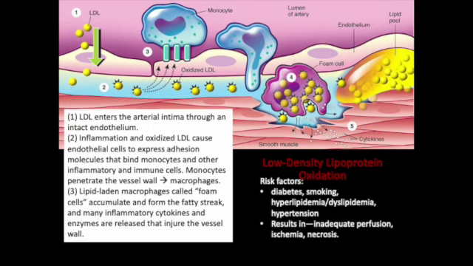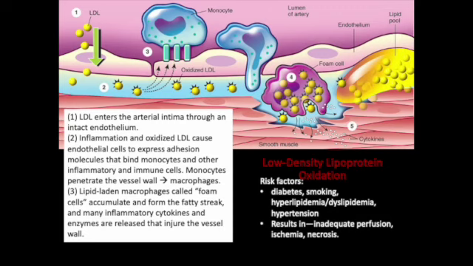Now, hypertension, increased levels of LDL, oxidative stress, and activation of our renin-angiotensin-aldosterone system are all going to contribute to acceleration of atherogenesis, which is the beginning of atherosclerosis.